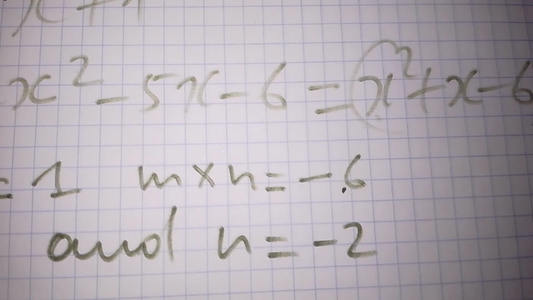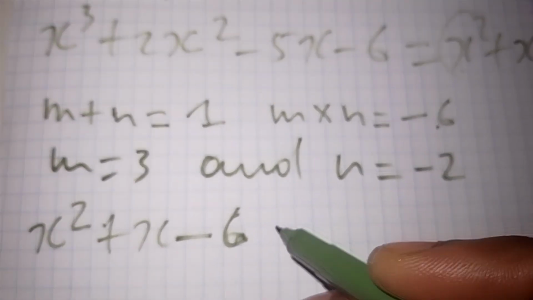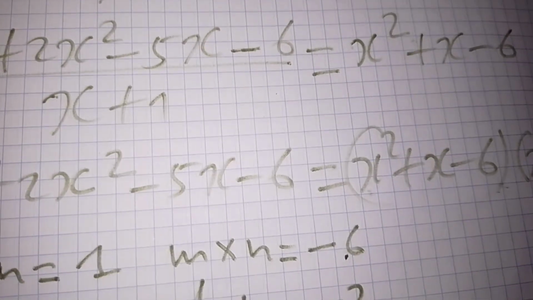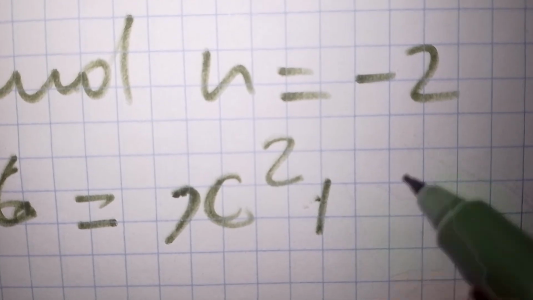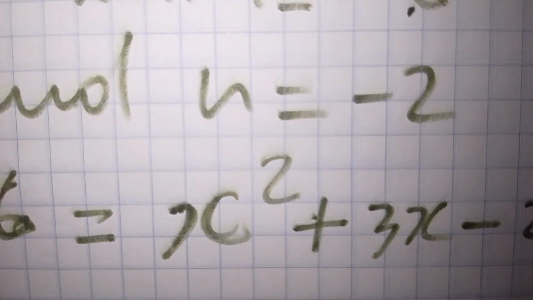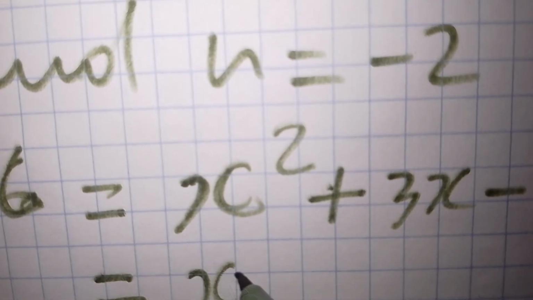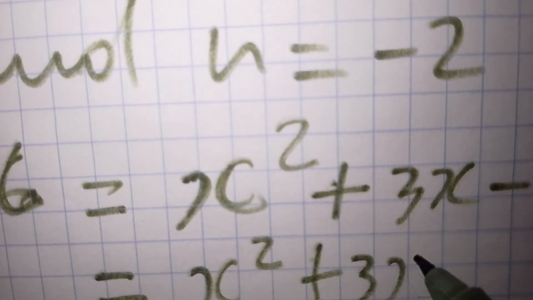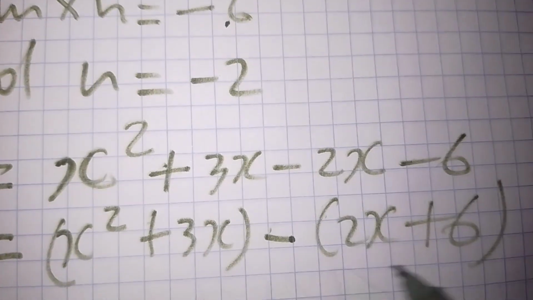So now x squared plus x minus 6 equals x squared plus 3x minus 2x minus 6, which is equal to x squared plus 3x, I'm going to factorize, minus 2x minus 6.